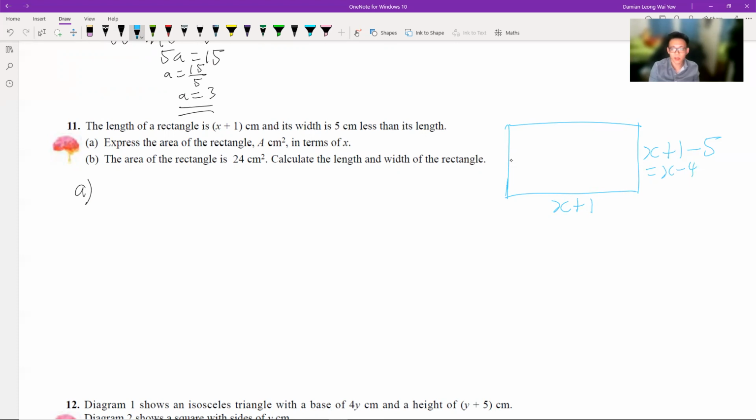So area of rectangle means length times width. So means I have area equals to x plus 1 times x minus 4. Okay.